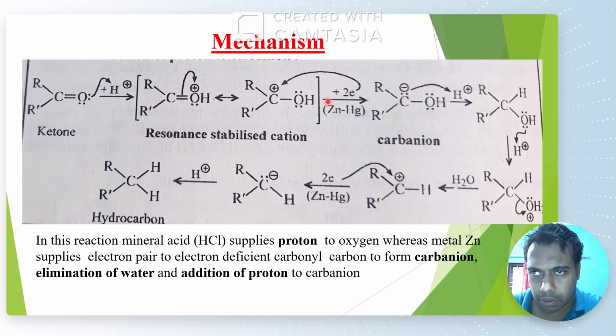Then a pair of electrons is supplied from the zinc metal. By getting two electrons, the positive charge on the carbon atom becomes negative. Then protonation takes place, where a proton is added.